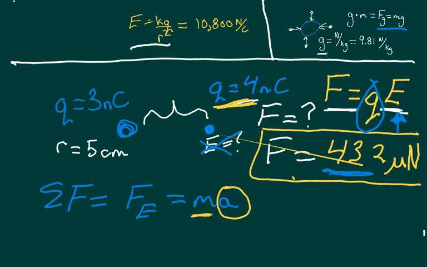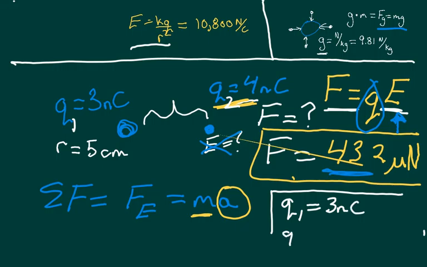For you to try at home then, there are two things we're going to change up. I'm going to show you in white. One, we're going to treat this new problem as the same source charge, so Q1 and Q2. Q1 is going to have the same source charge of 3 nanocoulombs, but Q2 is going to be negative 5 nanocoulombs, and the distance between them, r, will be 3 millimeters.